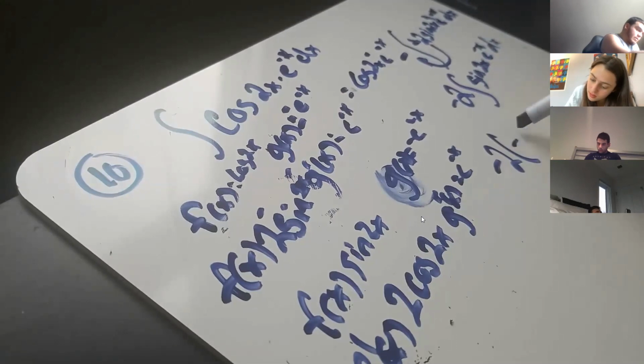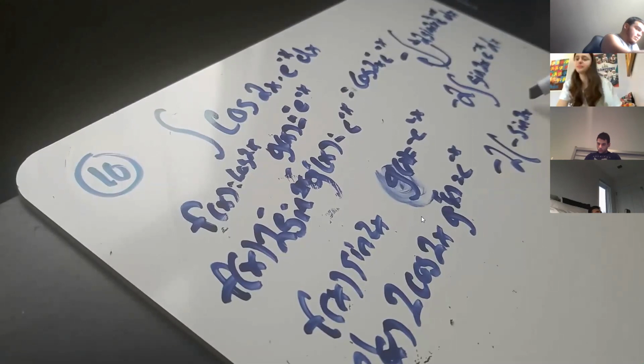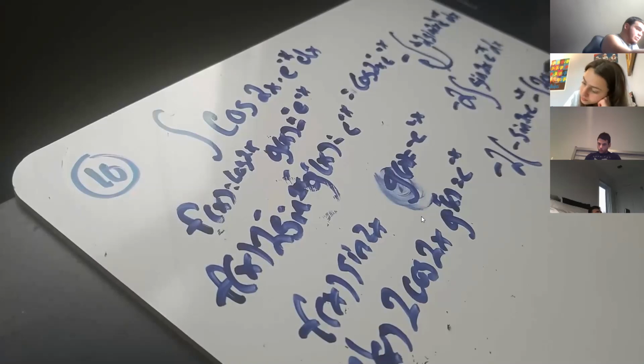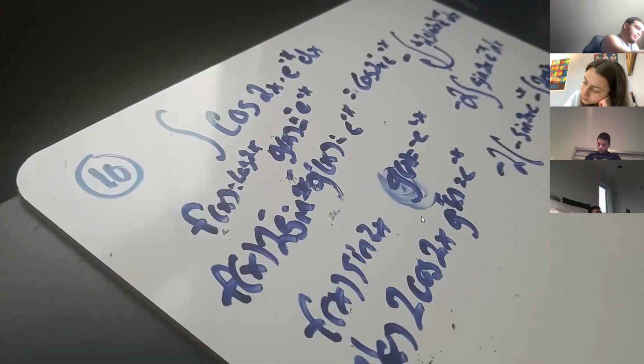So negative sine 2x e to the negative x, minus the integral of 2 cosine 2x times negative e to the negative x dx.